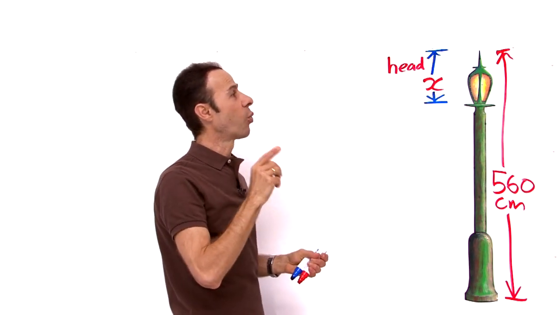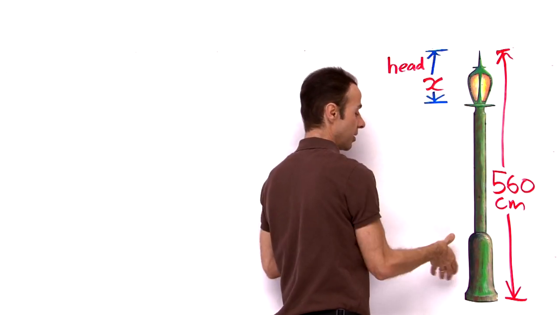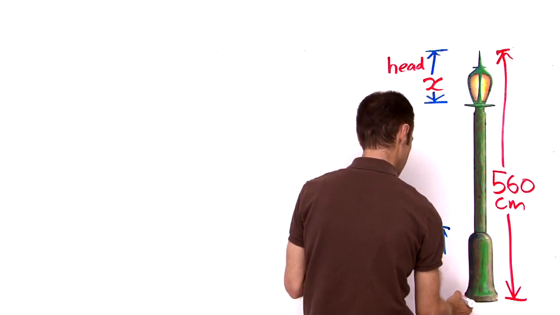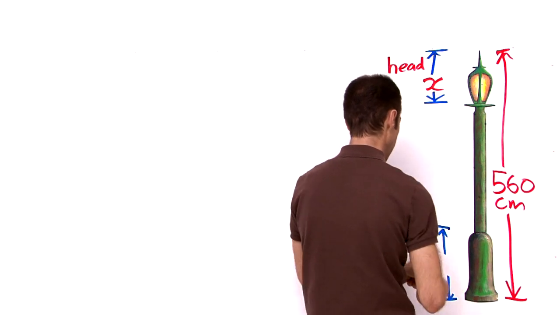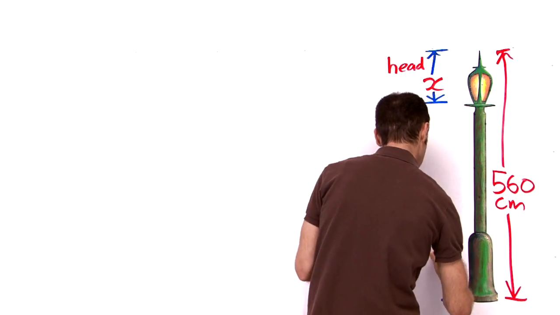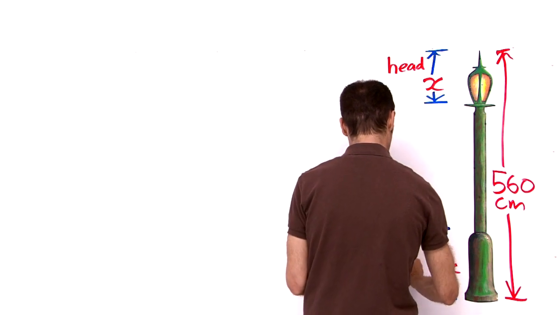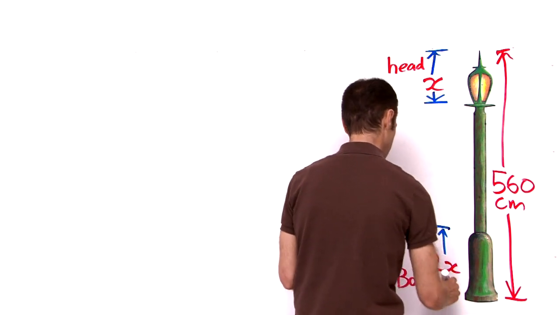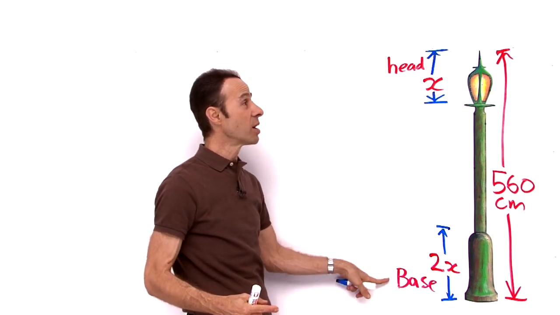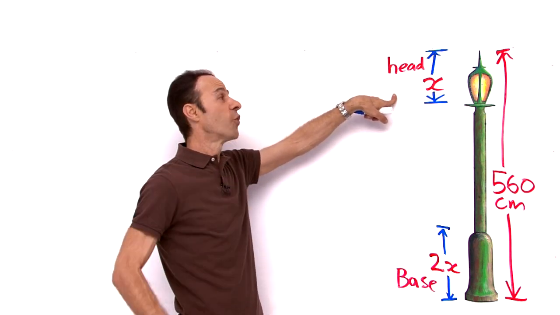Its base is twice as long as its head, so its base down here will be 2 times that, so that'll be 2x. That's its base. Let me just read it one more time: its base is twice as long as its head. Great, that works. Okay, let's go backwards to the first sentence.